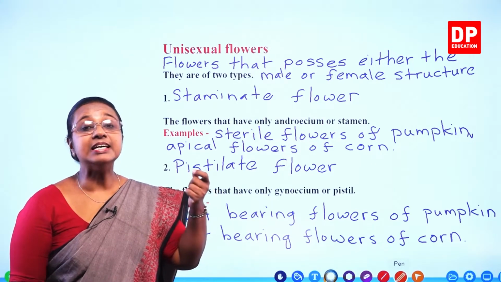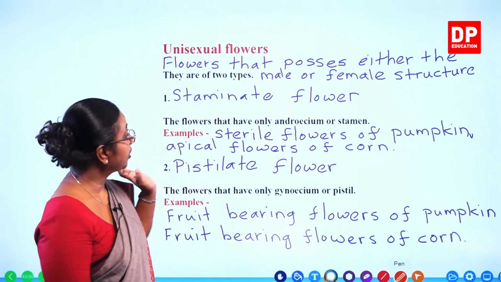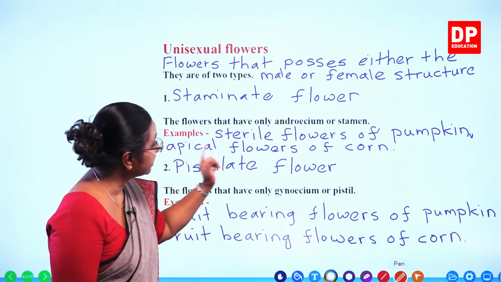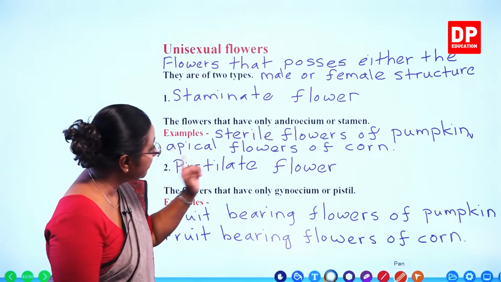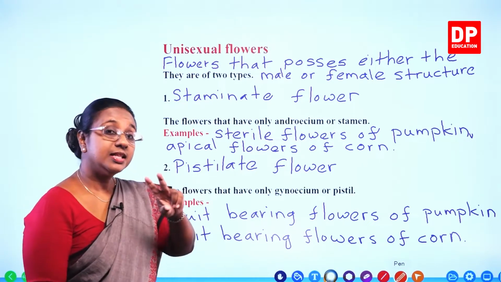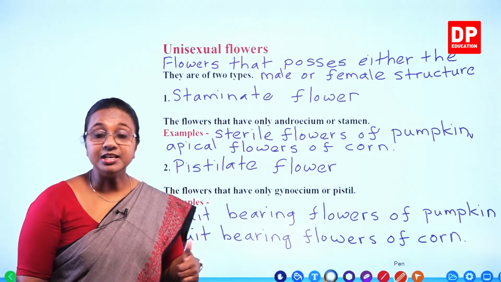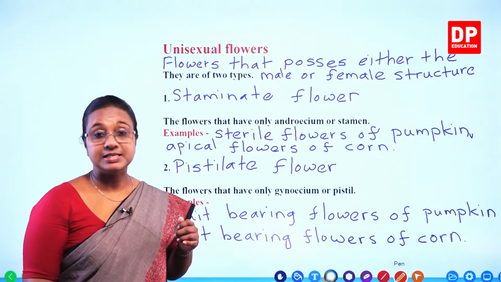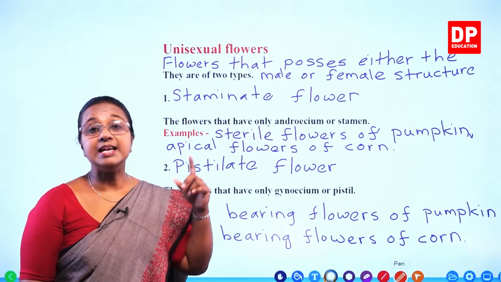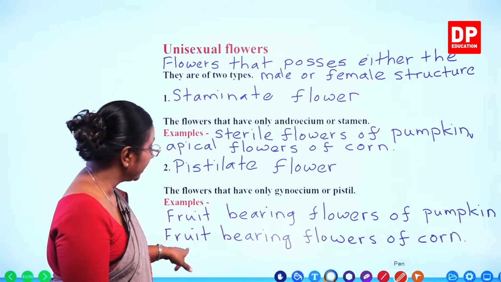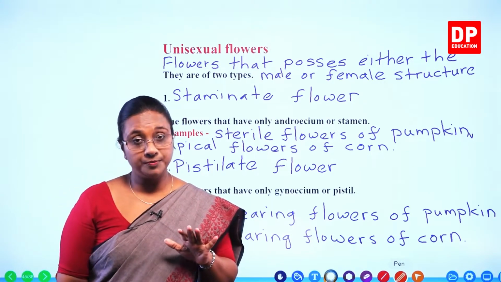The anther and the filament. That is possessed by the staminate flower. Examples are sterile flowers of pumpkin, apical flowers of corn. The second type is pistillate flowers, the flowers that have the gynoecium or the pistil: ovary, style and stigma. Examples are fruit-bearing flowers of pumpkin, fruit-bearing flowers of corn.